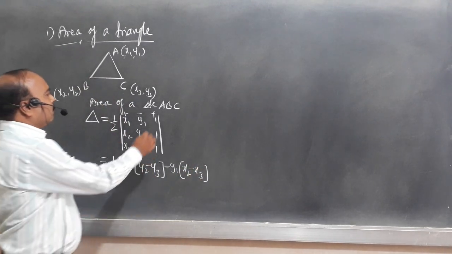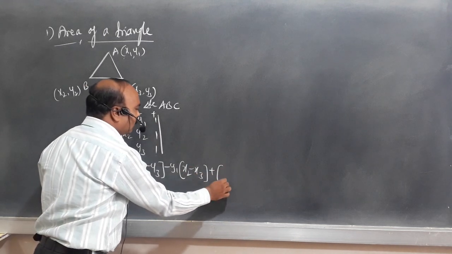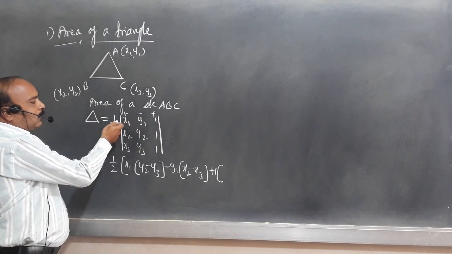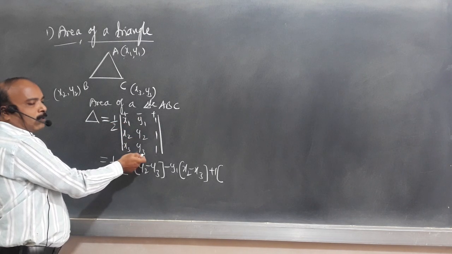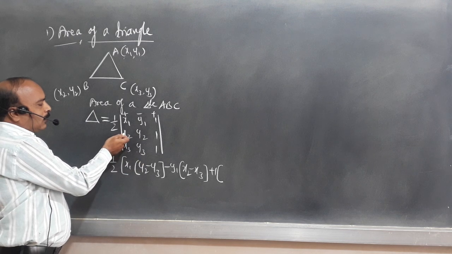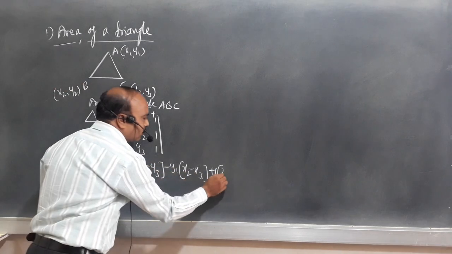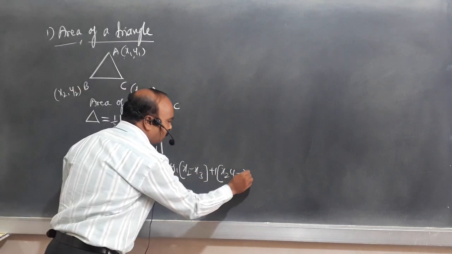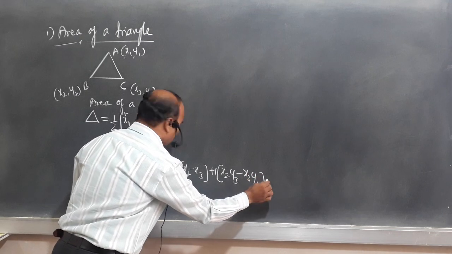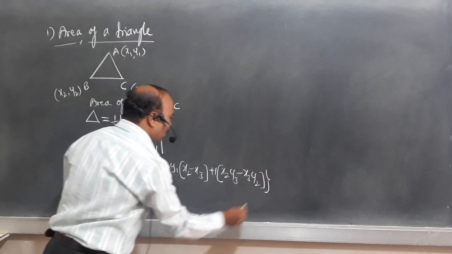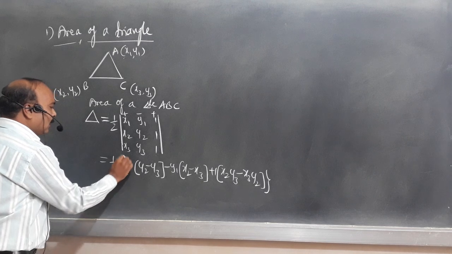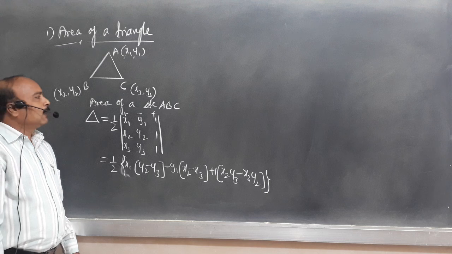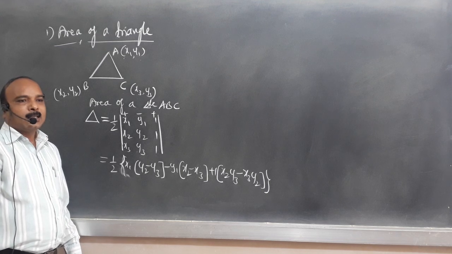After that plus 1 into the determinant, by deleting this column and this row, we get x2, y2, x3, y3. Then simplifying we get x2 into y3 minus x3 into y2. And this is the area of the triangle ABC. It is the formula for calculating the area of a triangle by using the determinant.